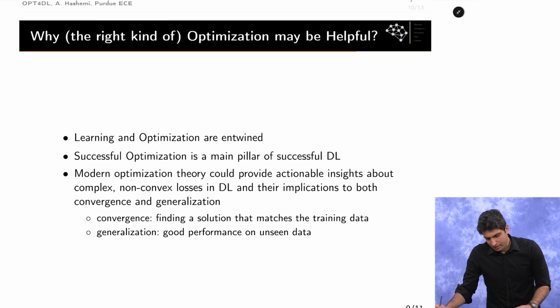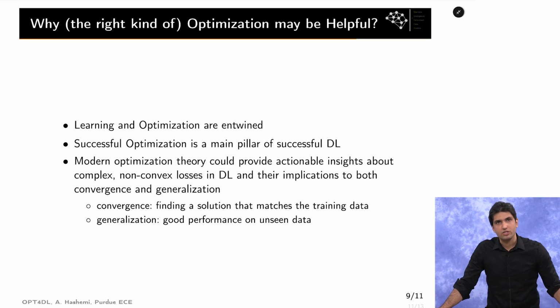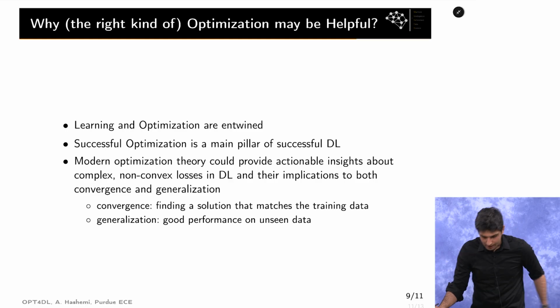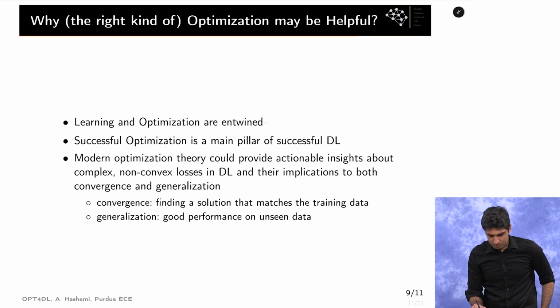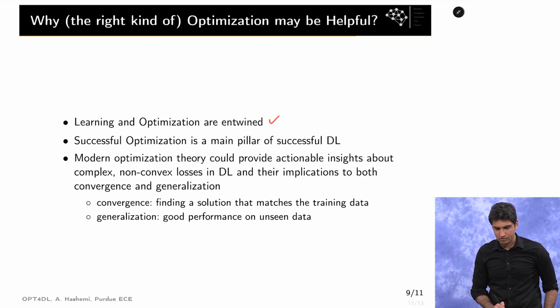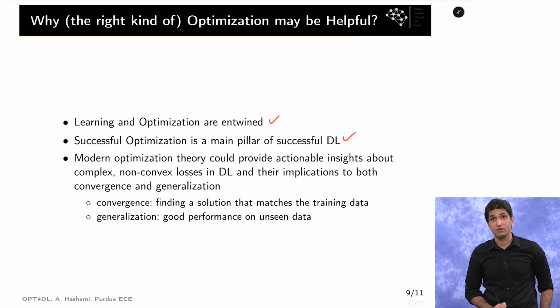All right. Now that we talked about the connection between optimization and deep learning, and the importance of developing an understanding of why and how deep learning models work, another question is why the right kind of optimization may be helpful. And I talked about this extensively, that optimization and learning are entwined. There is an intimate connection between them. Optimization is one of the main pillars of successful deep learning.